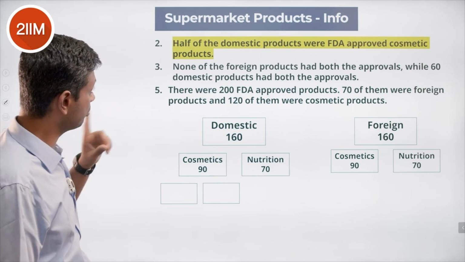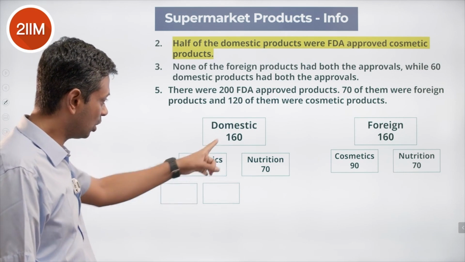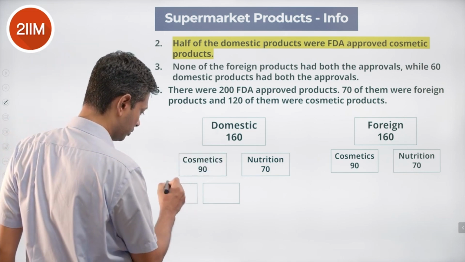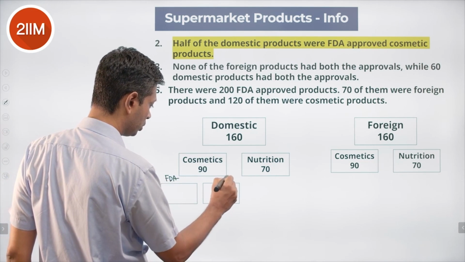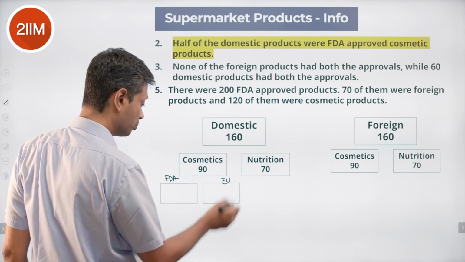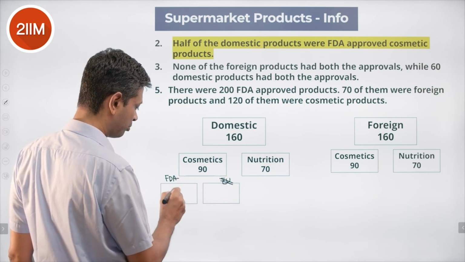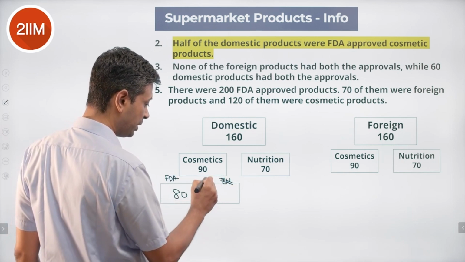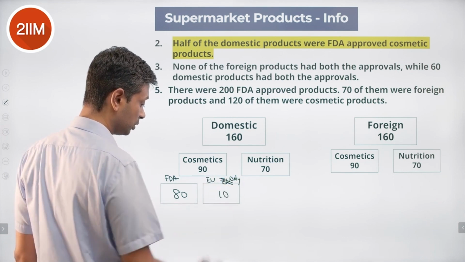Half of the domestic products were FDA approved cosmetic products. So, of this domestic, here we can say FDA approved and EU approved, right? Or both, it's also possible. So, I'm not going to say EU approved, FDA approved is 80, maybe EU only is 10.